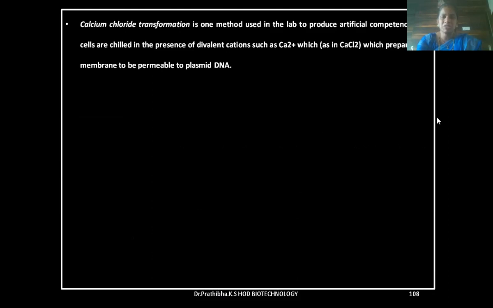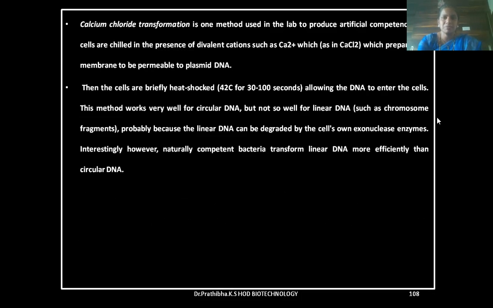Calcium chloride transformation is one method used in the lab to produce artificial competency. Cells are chilled in the presence of divalent cations such as calcium ions, as CaCl2, which prepare the membrane to be permeable to plasmid. Then the cells are briefly heat shocked to 42 degrees Celsius for 30 to 100 seconds, allowing the DNA to enter the cells.